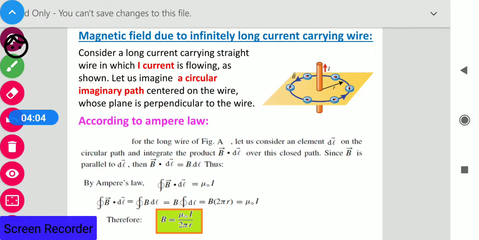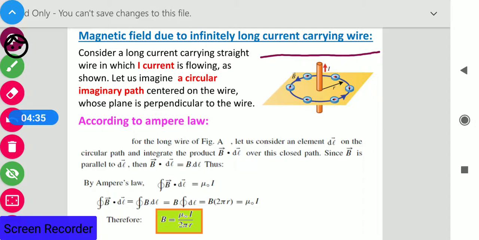Now let us again calculate the magnetic field due to an infinitely long current carrying wire, which we calculated in lecture 1 using the Biot-Savart law. Here we will use Ampere Circuital Law. We proved Ampere Circuital Law using this relation calculated from the Biot-Savart law, and now we are proving this result using Ampere Circuital Law.